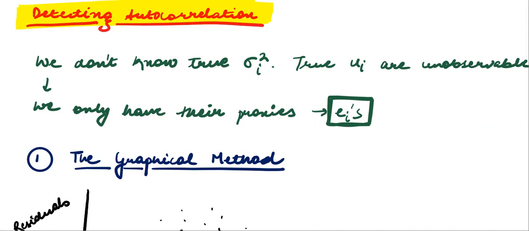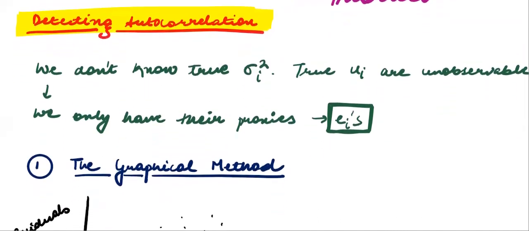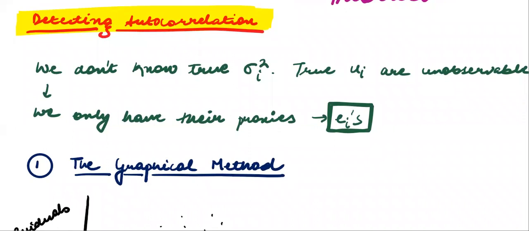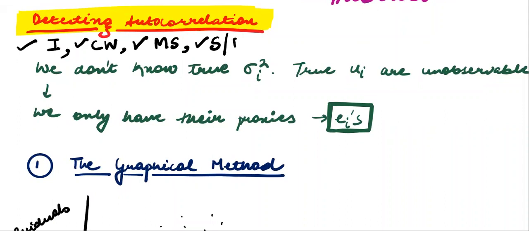By now, we have already understood what causes autocorrelation: inertia, then cobwebs, then model specification errors, then the problem of smoothing, or the problem of using different time periods.